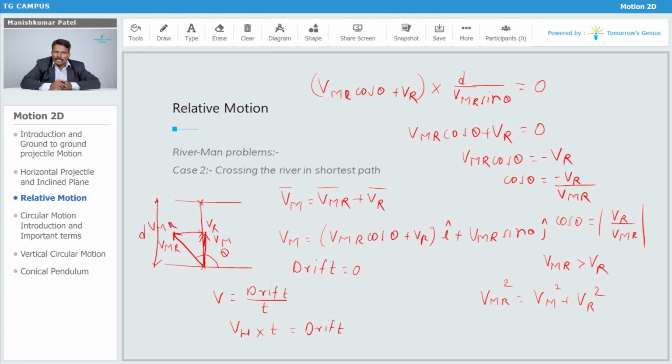For that you will get cos theta equal to minus VR upon VMR, according to which you get the condition for theta, that is cos inverse of VR upon VMR, which is obviously the obtuse angle. So this is about crossing the river in the shortest path.